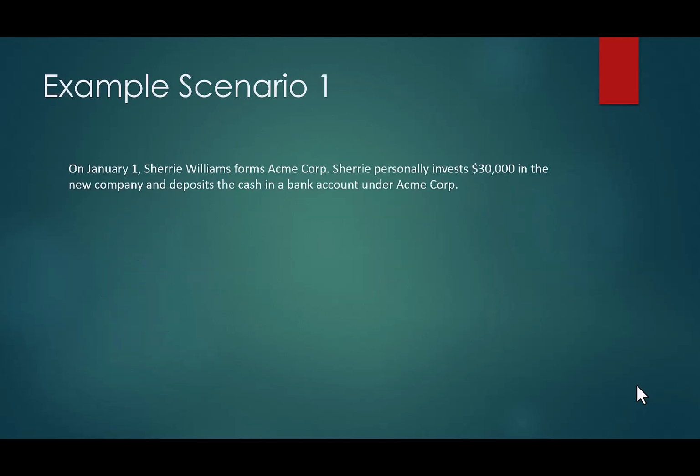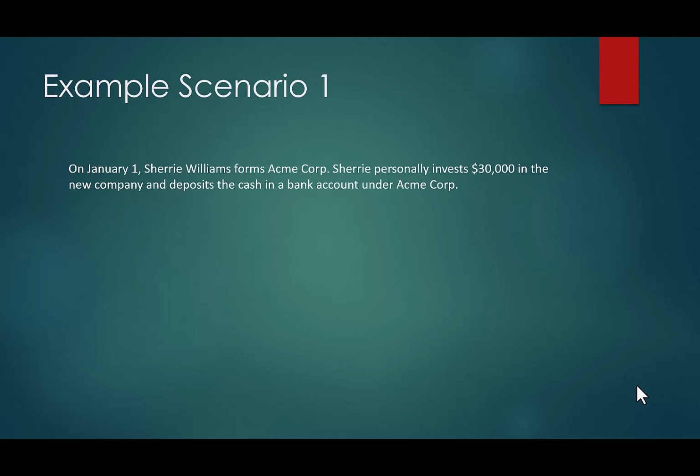In example scenario 1, on January 1st, Sherry Williams forms Acme Corp. Sherry personally invests $30,000 in the new company and deposits the cash in a bank account under Acme Corp. Every time you go through one of these scenarios, you want to think about it from the perspective of the business, not necessarily the owner.